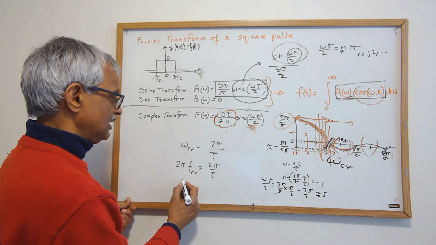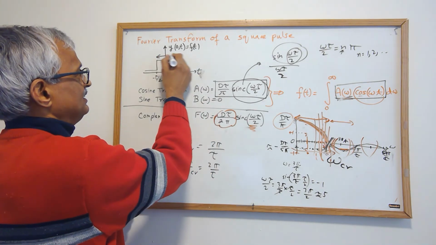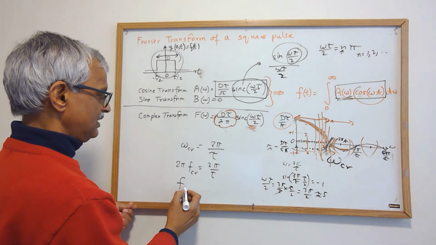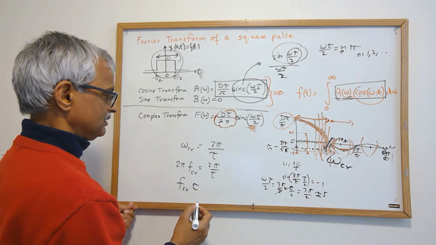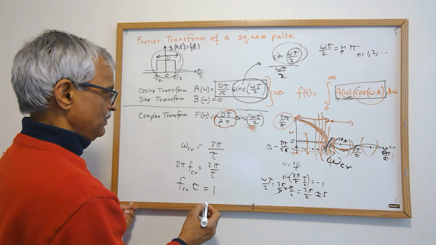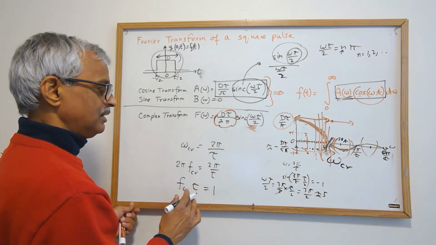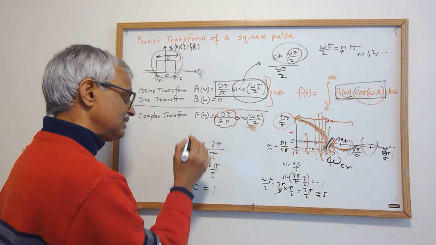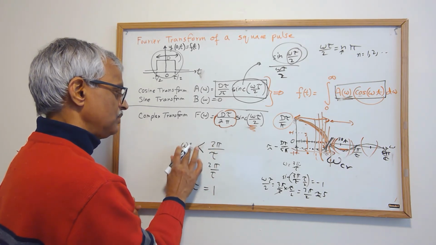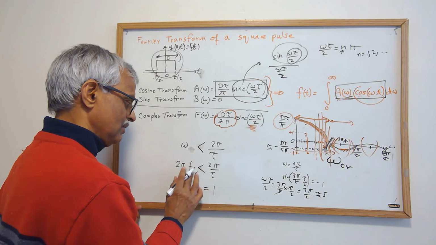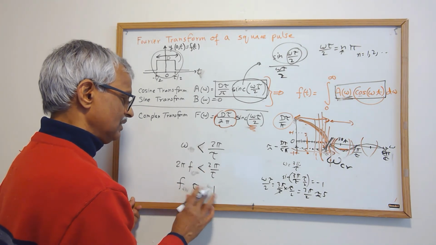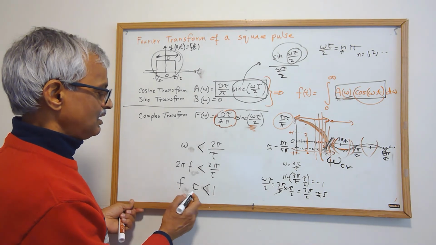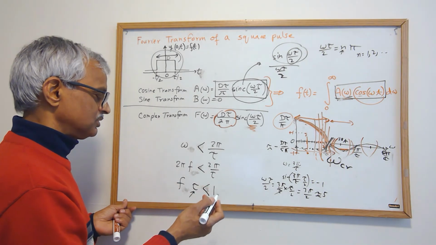So whenever F critical times the time for the pulse somewhat defines a critical one. If I say, hey, I'm only interested in omega less than that, then the frequency that I'm interested in is determined by the time the pulse was on.